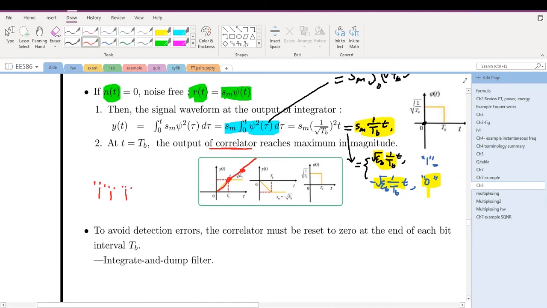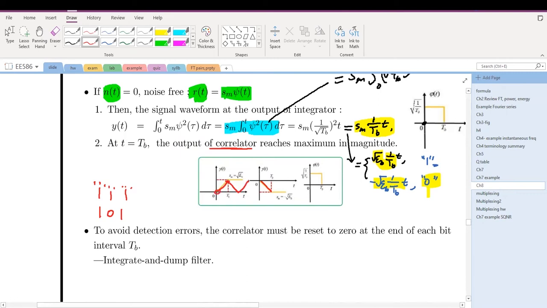That's one thing. The other thing is we cannot detect the value if, for example, 101 is transmitted. If 1 is transmitted, the next negative square root Eb comes in, and then this integral will be decreasing because of the negative slope. Next one, if it is 1, it becomes positive again.